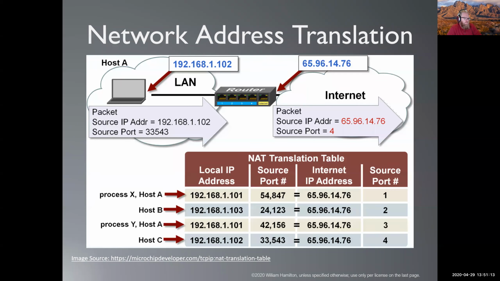So this has a side effect of creating a security measure, in that if I haven't tried to make a connection to something on the broader internet, there's no way for something that's just on the internet to communicate with my computer directly.